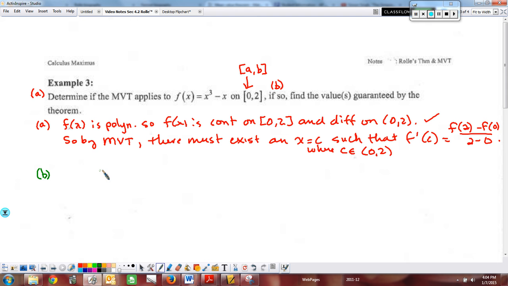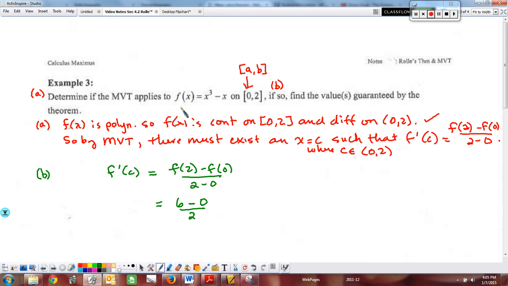So part B, they're always going to ask you to find it. Basically, I'm going to take my formula, f prime of c equals f of 2 minus f of 0 over 2 minus 0, and now I'm just going to calculate it. I need to calculate f of 2, so let's plug that in. 2 cubed minus 2, 8 minus 2 is 6. f of 0 is 0, over 2. I need my derivative at c.